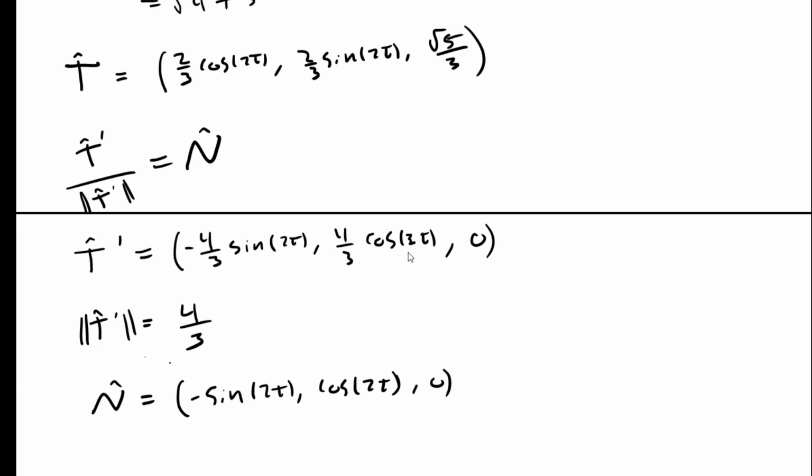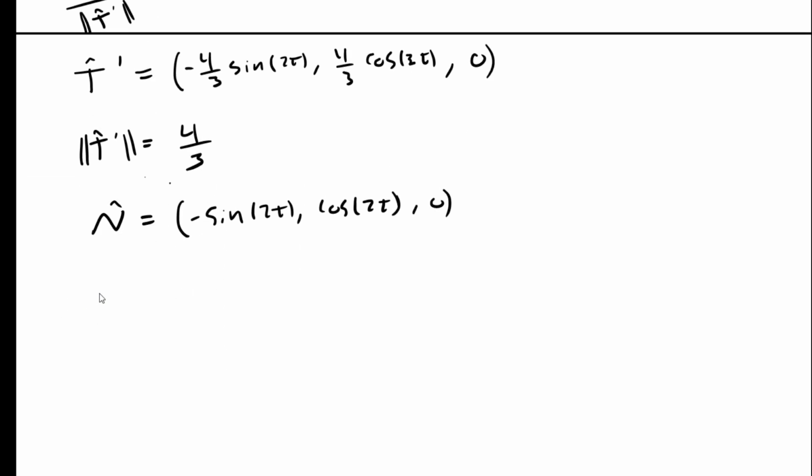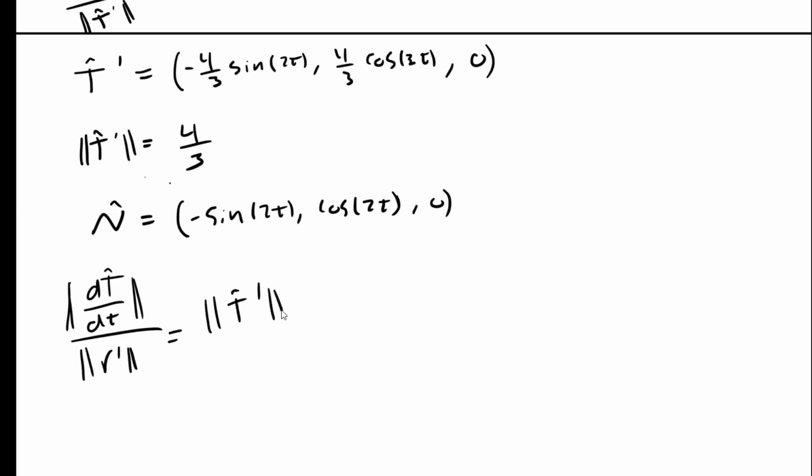Okay, so here this is T prime. So for my curvature, remember what I did before? I did the norm of dT over ds. This is just the norm of T prime over the norm of r prime.